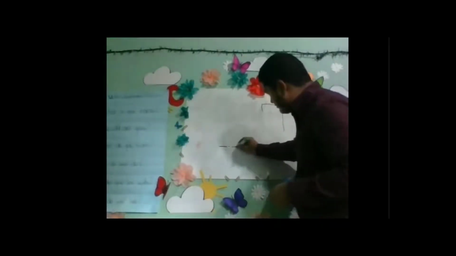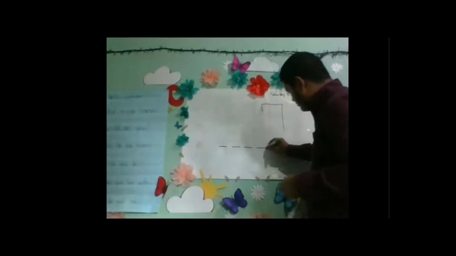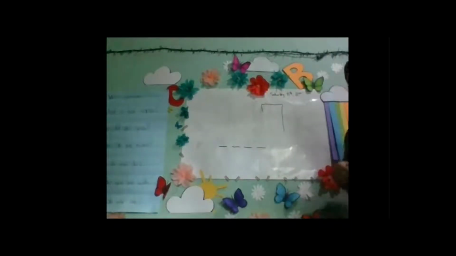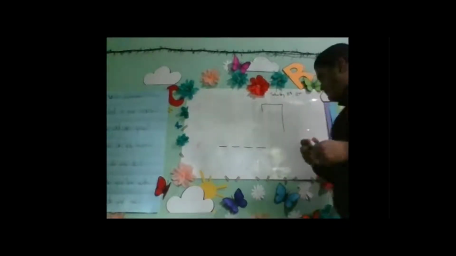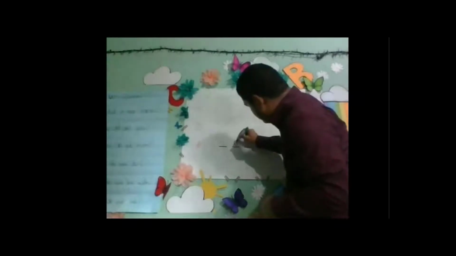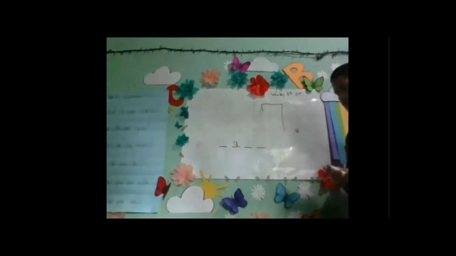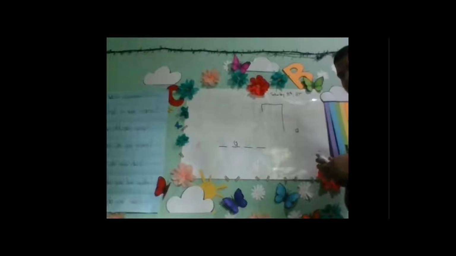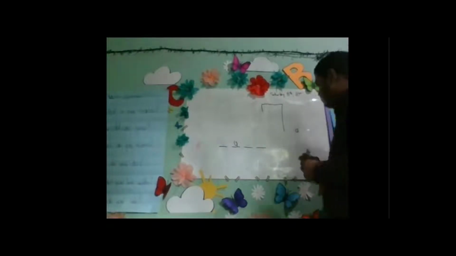Okay? Another word. Once again, another word. Four letters. Okay, let's begin. Letter A, right? Letter A appears only once. Another one. Letter E. Excellent.